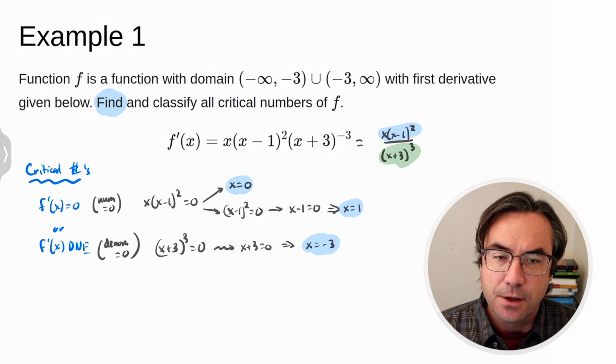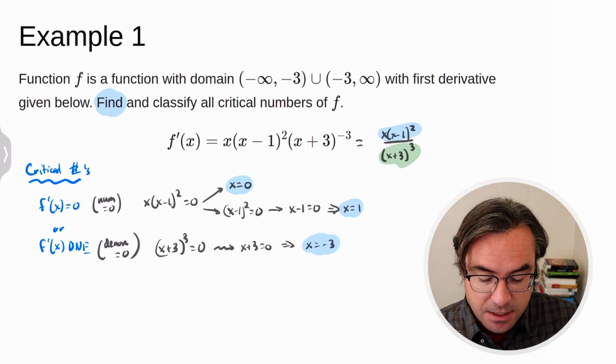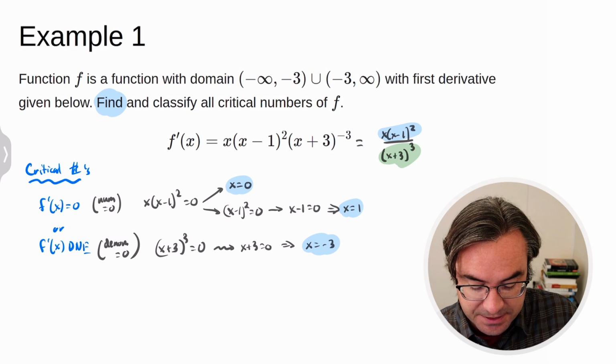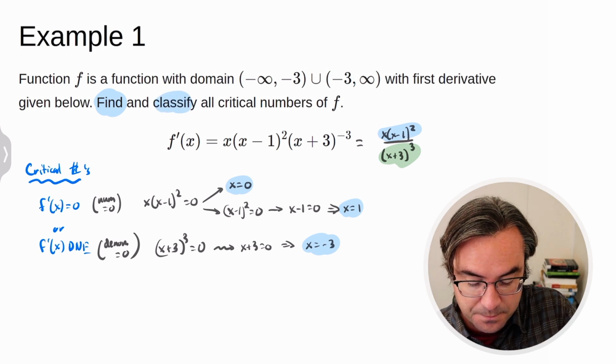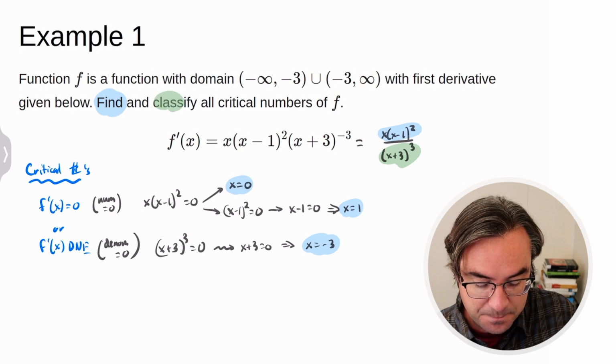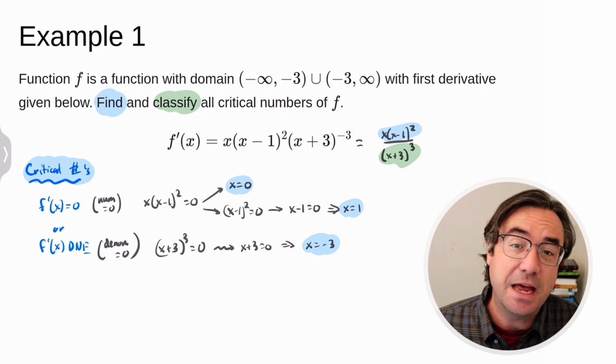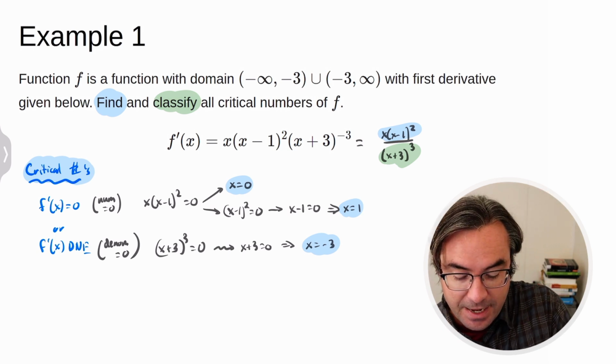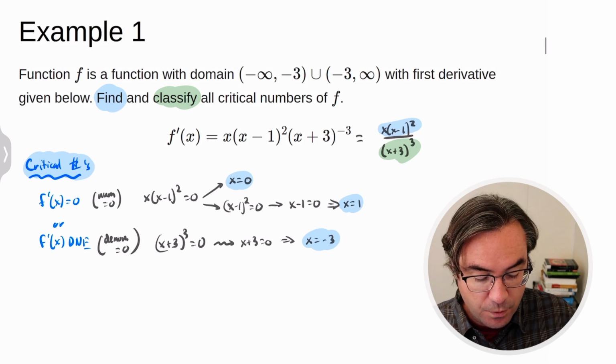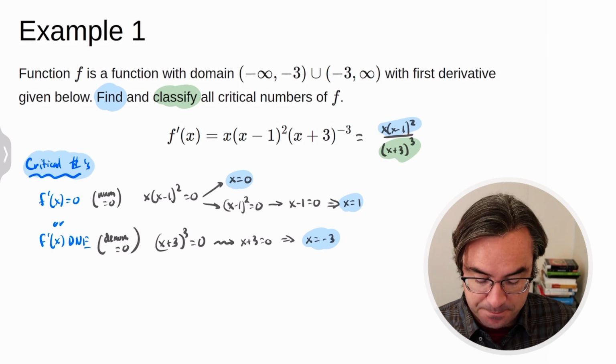All right, so we found our critical numbers, and now we want to actually classify them. So that's the next step. So find is the first step, then classify them. And this is where we're going to do our sign chart for f prime.